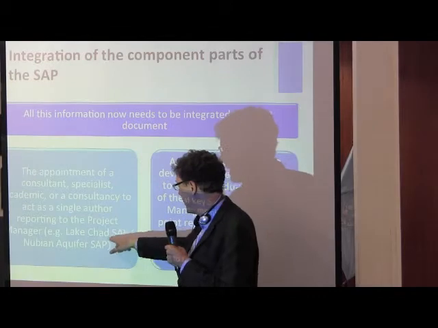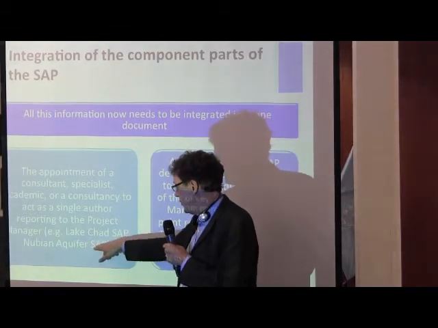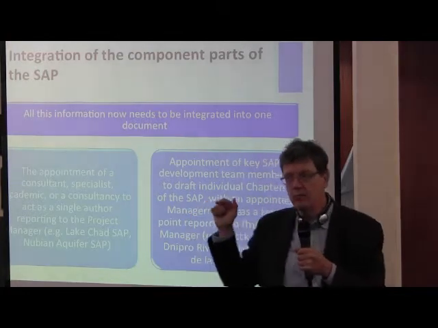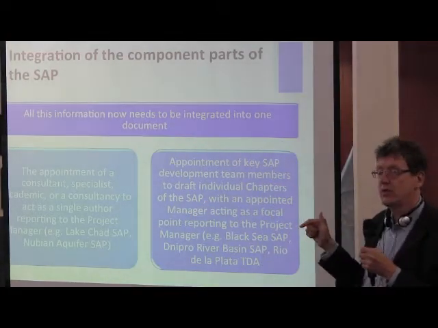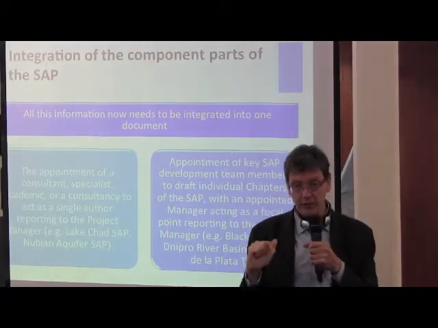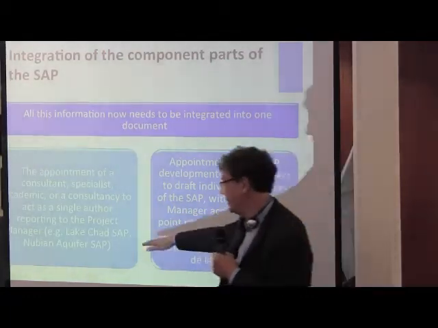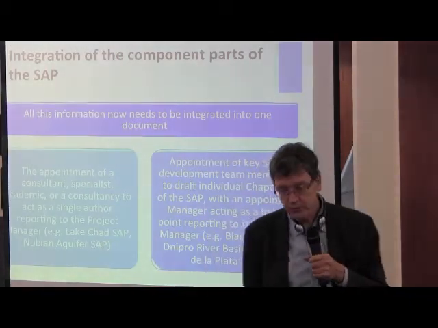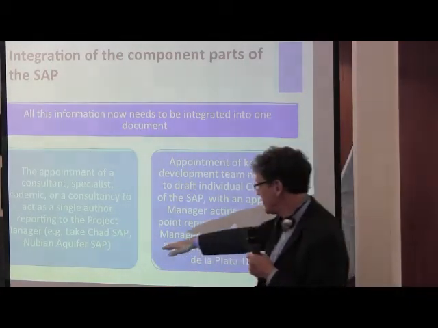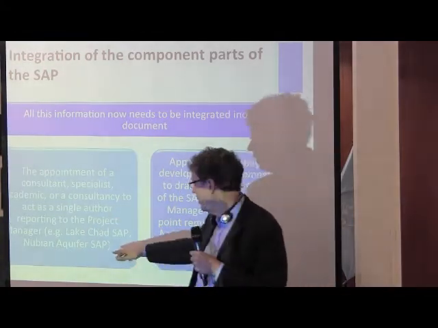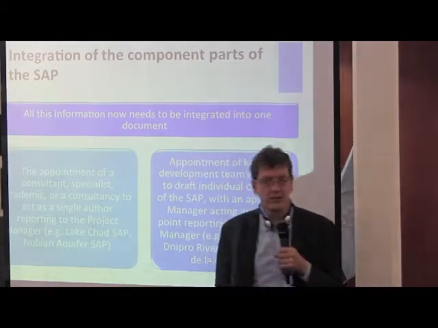For example, Lake Chad SAP and the Nubian Aquifer SAP. The Lake Chad SAP remarkably was endorsed by the countries. Whether it's implementable is another issue. It's a very, very difficult project there because of the countries involved. The Nubian Aquifer SAP was written by a single consultant, but is a technical SAP.